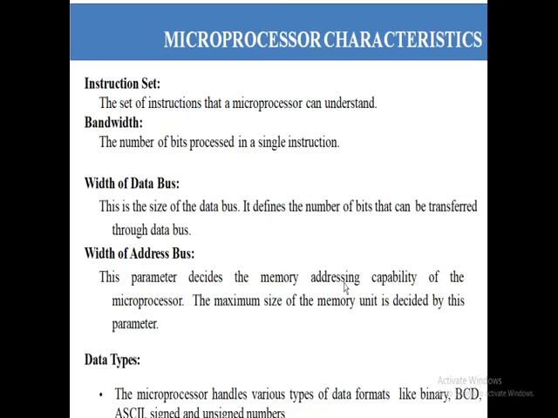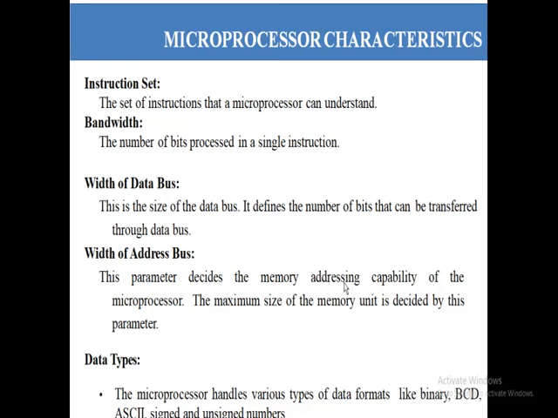Next one is the width of the address bus. Here it specifies the number of bits that can be transferred through the address bus. Another main advantage of the address bus is that the memory addressing capability of the microprocessor is decided by this address bus. That is, the maximum size of the memory unit is decided by the address bus. If the address bus size is 2, then how much memory can be accessible? 2 raised to 2, that is 4.